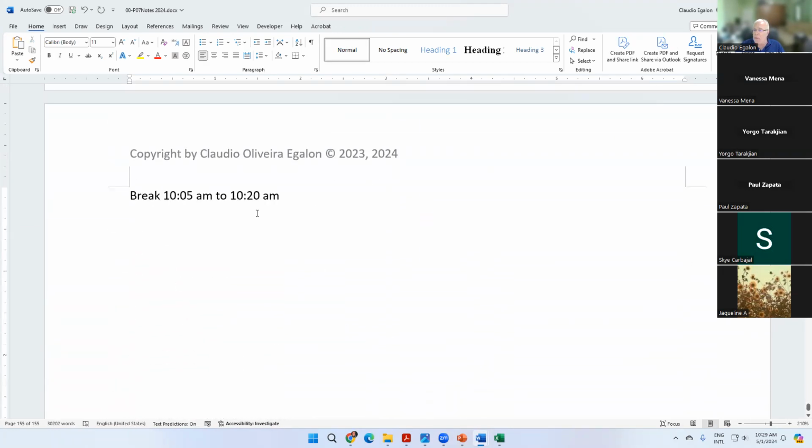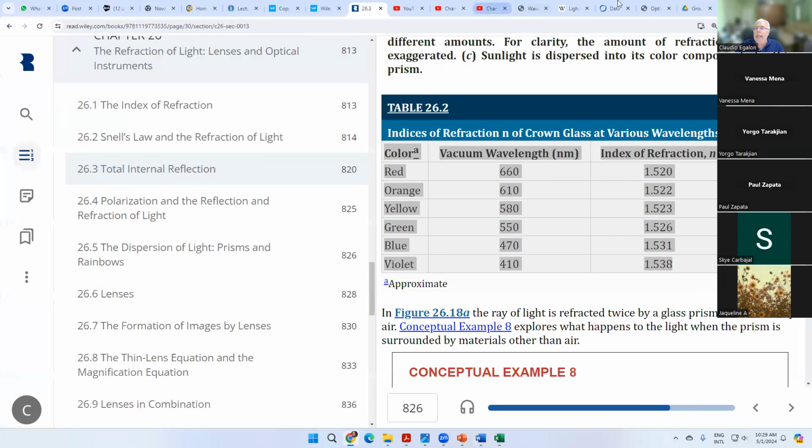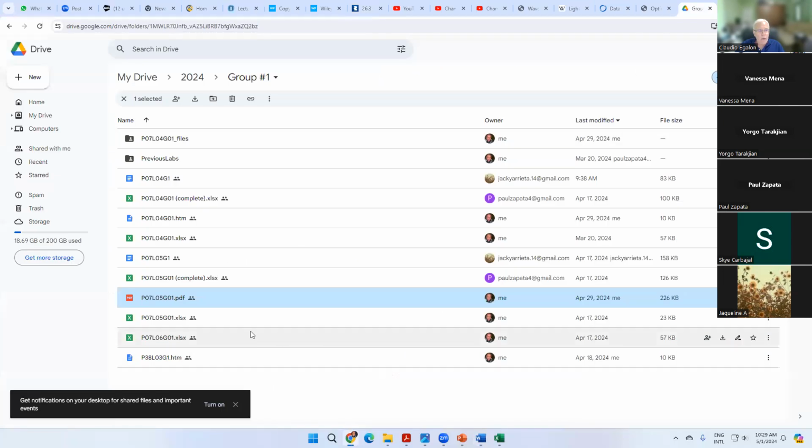Okay, and we are done with our break. What else do I want to show you? Remember that I told you that the corrections of the lab reports are going to be provided in a PDF file. I discovered that Excel is allowing me now to do that. When I started doing this type of correction, I was having a hard time converting that to a PDF file. That was back in 2015, 2016, almost 10 years ago.